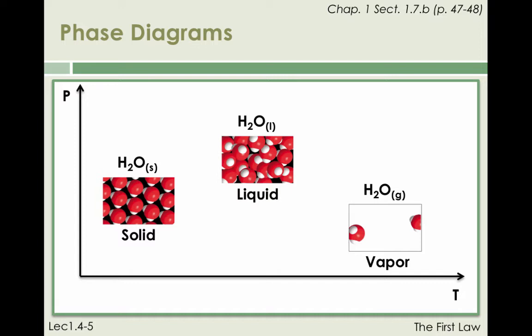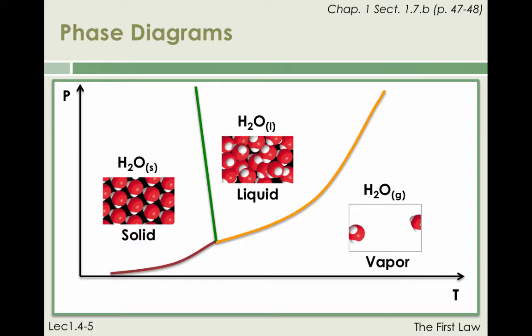So there is a solid-liquid coexistence curve, a liquid-vapor coexistence curve, and a solid-vapor coexistence curve. Coexistence curves intersect at a specific pressure and temperature called the triple point, where the solid, liquid, and vapor phases of a substance are in equilibrium.